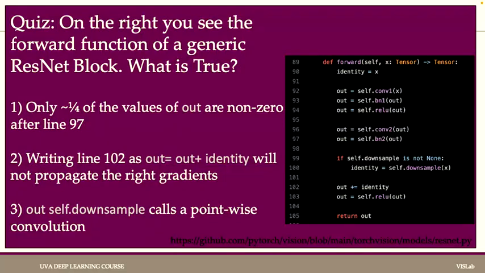Two, writing line 102 as out equals out plus identity will not propagate the right gradients. Or three, self.downsample calls a pointwise convolution. Have a think about these three things.